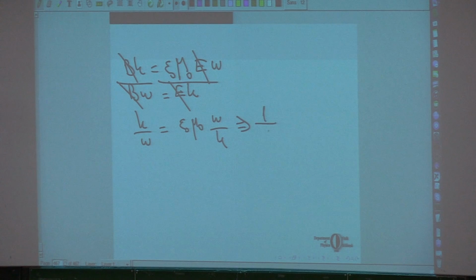So 1 over c, I'm just assuming this is a light wave, so I'm just looking for whether the Maxwell's equations predict a light wave or not. So omega over k is the velocity of the wave, so 1 over c should be equal to epsilon 0 mu 0 times c, or c squared has to be equal to 1 over epsilon 0 mu 0.